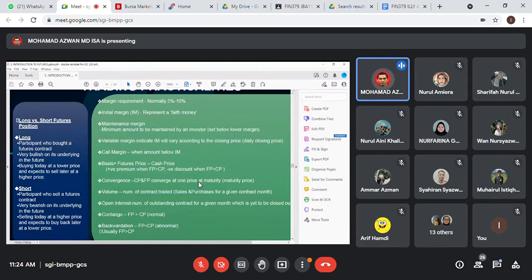Okay, for a given contract month. Okay. And then we have open interest. Open interest is number of contract which is still outstanding. Okay, outstanding maksudnya yang belum lagi close.